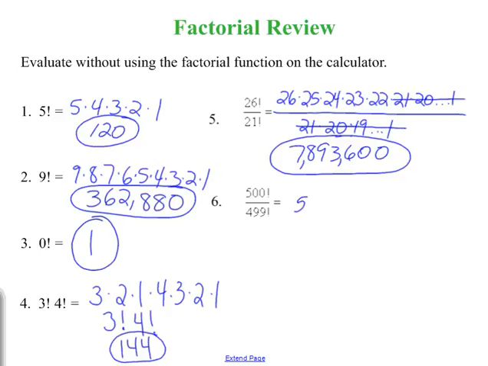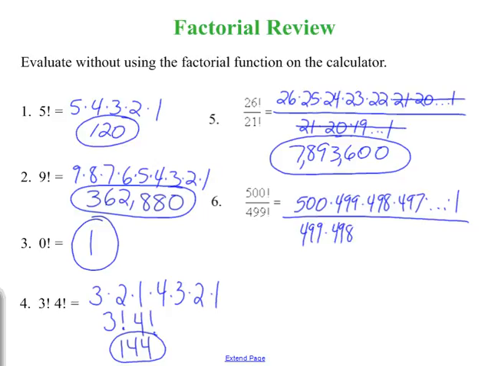So we know number 6 is going to be 500 times 499 times 498 times 497, multiplying all the way down to the number 1. In the denominator, we have 499 factorial, which would be 499 times 498 times 497, all the way down to 1.